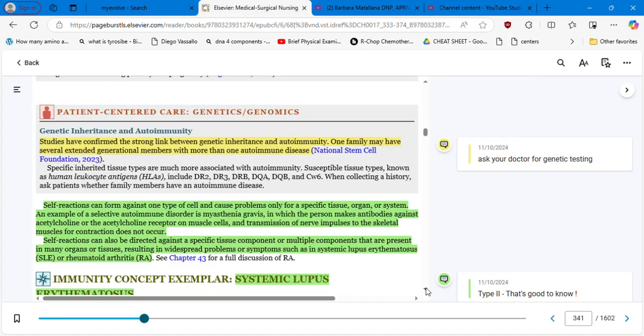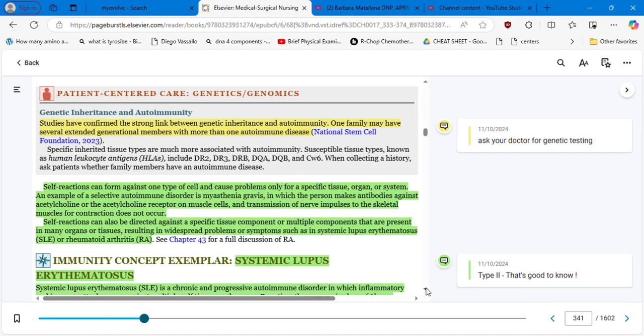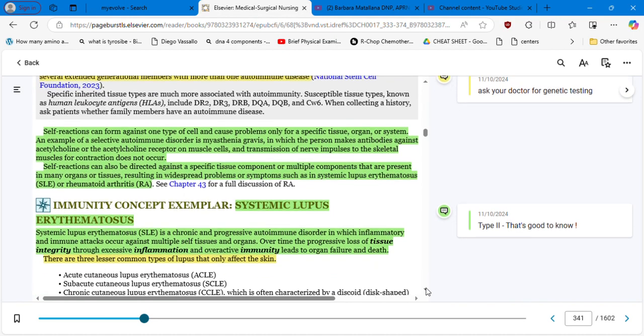As I always mention, ask your doctor for genetic testing. It's very important, this part. So at least you know what is in your system, but it does not mean that you're going to develop the same autoimmune condition, right? You can have a different one, but at least you know what genes are present in your genetic history.